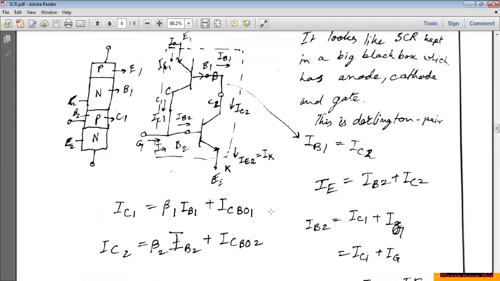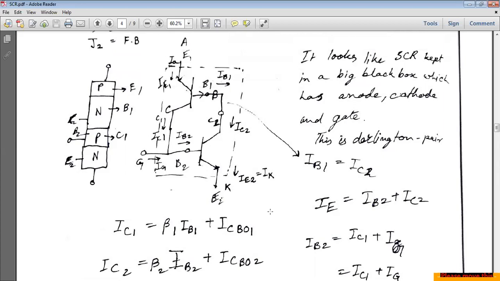IB2 is this current. IB2 is equal to IC1 plus IG. From this figure, you can see that IC1 plus IG is equal to IB2.